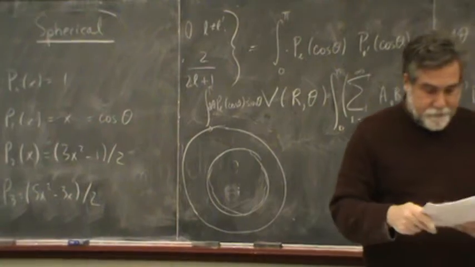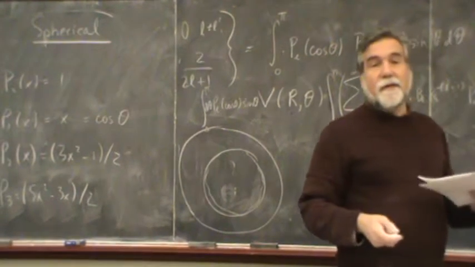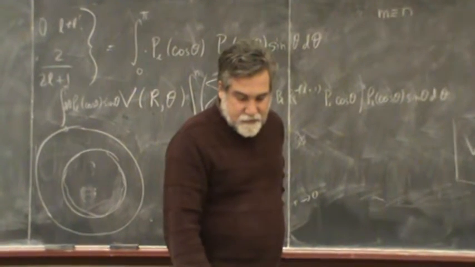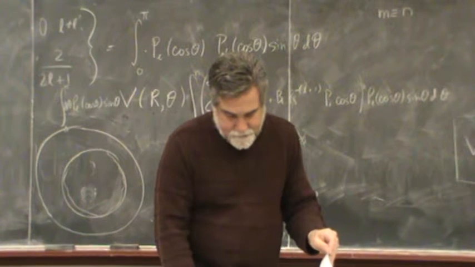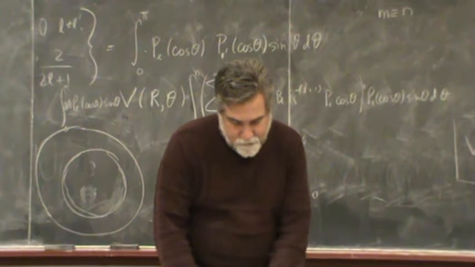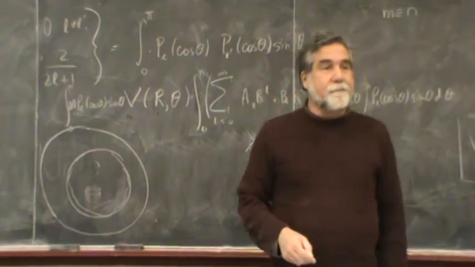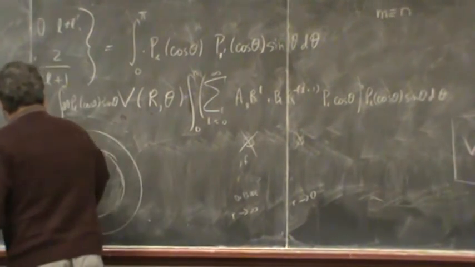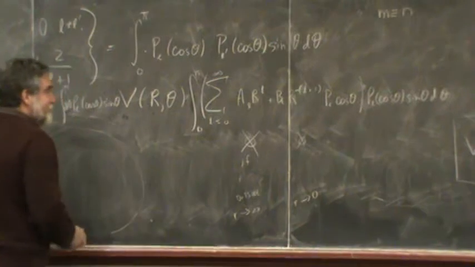All right. So, I'm going to have a spherical example where the potential is specified on a surface. I'm going to choose a really simple potential, similar to the one in my notes.